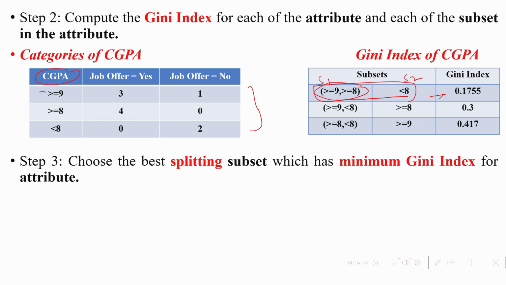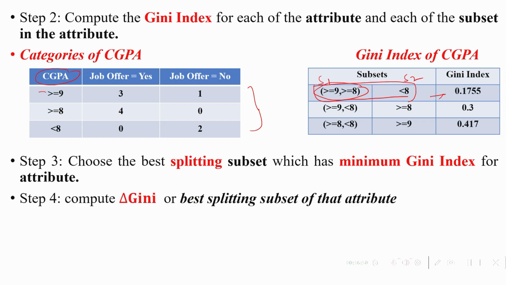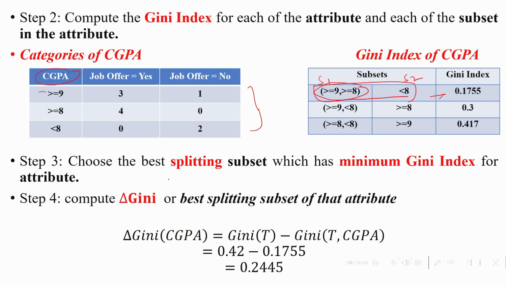Now choose the best splitting subset, which has the minimum Gini index for the given attribute. Now we compute the delta Gini for the best splitting subset of that attribute, that is delta Gini of CGPA, equal to Gini of the target variable minus Gini of the target variable with respect to CGPA.